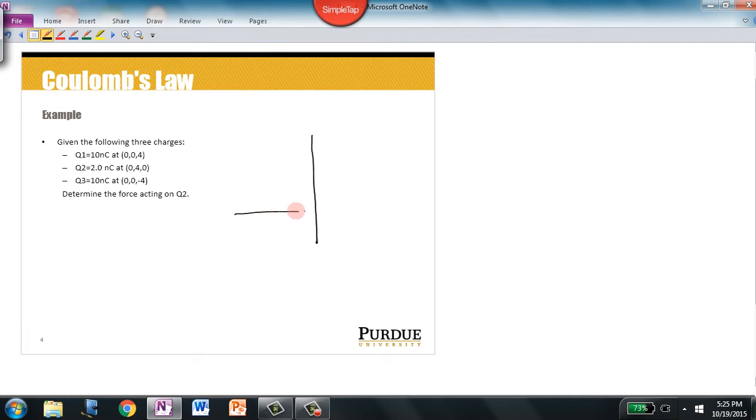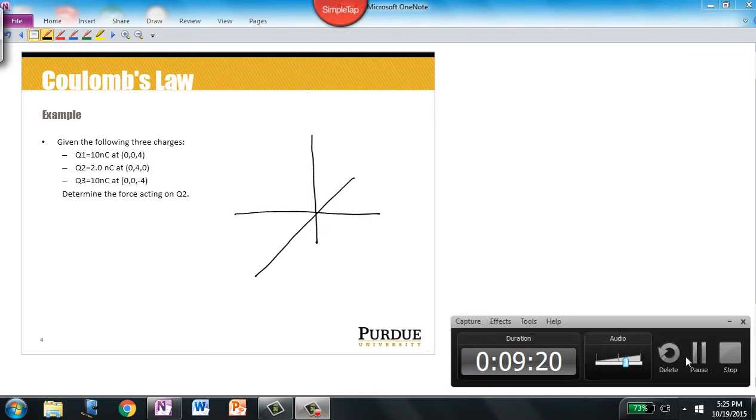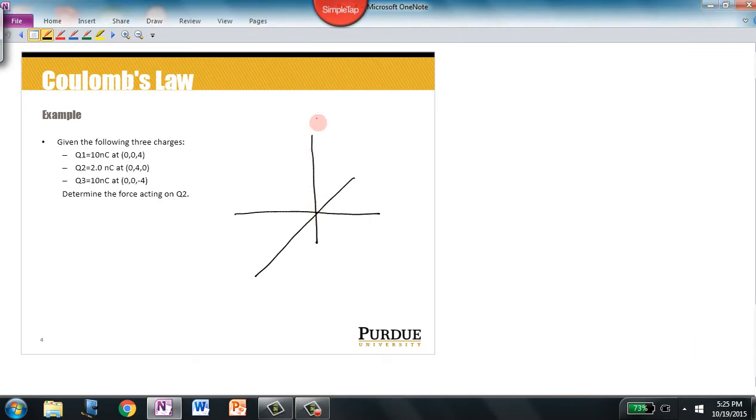So I sometimes, when starting problems like this, just like to kind of see what the whole problem statement looks like. And so to do that, I will often plot the particles. So here's an x, y, z coordinate system. And Q1 we see was located at x is 0, y is 0, z is 4. So that's Q1 located on the z-axis. Q2 was located at x equals 0, y equals 4, z equals 0.